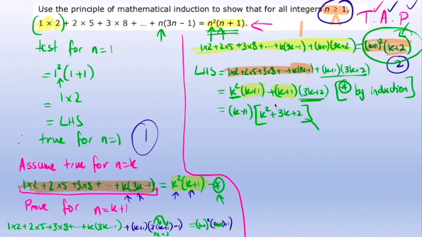Now, this is just a quadratic. We're going to play magic numbers with it or factorize it. If I look at this term, factors of that add up to 3, it's going to be 2 and 1, isn't it? So we've got k plus 2, k plus 1. And this is really good because I've got k plus 2. I wrote it wrong, didn't I?